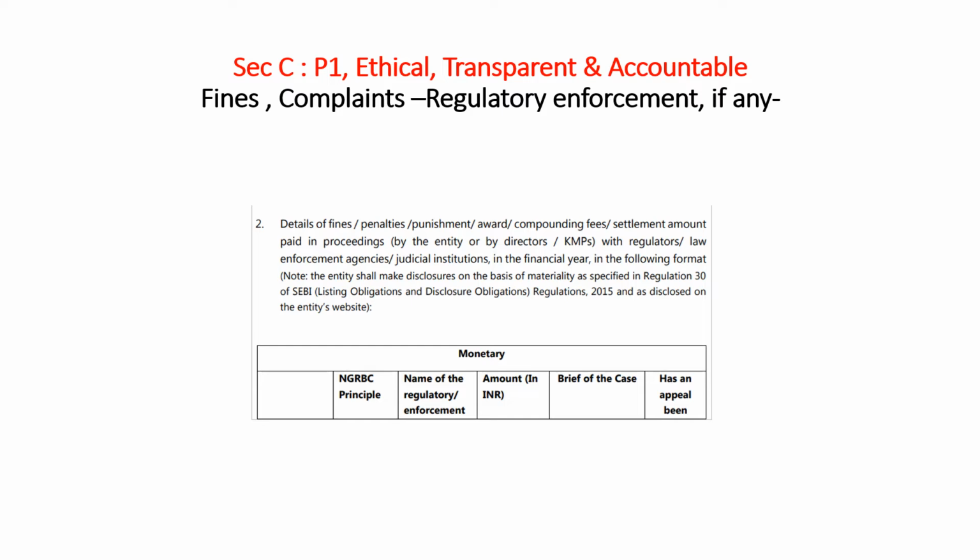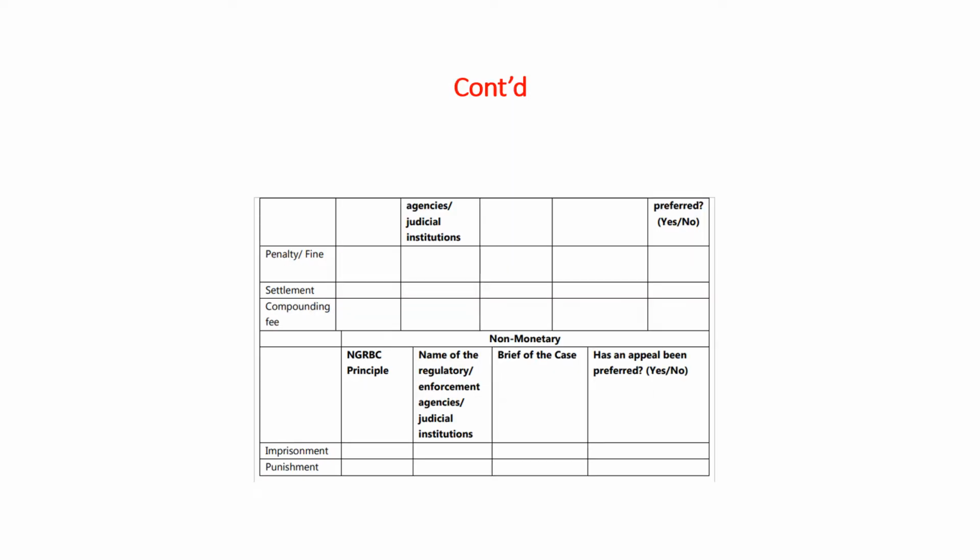It means what is the principle which was impacted, who has enforced this, what is the amount of penalty or fine, what the case is in brief, and whether an appeal has been planned. Similarly, you will give details about penalty, settlement, compounding fee, and whether somebody has been given imprisonment or punishment. So this is about the nine NGRBC principles, whether there is any violation, and whether it is a monetary fine or any kind of imprisonment, etc.